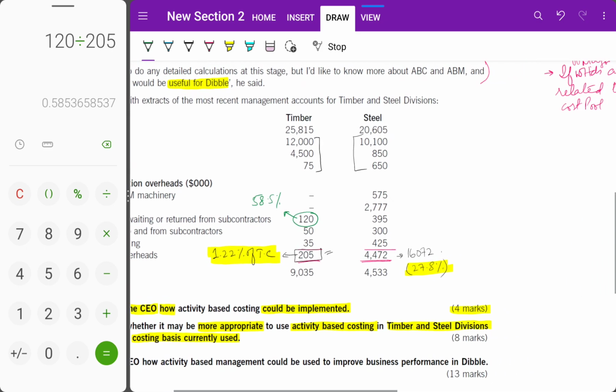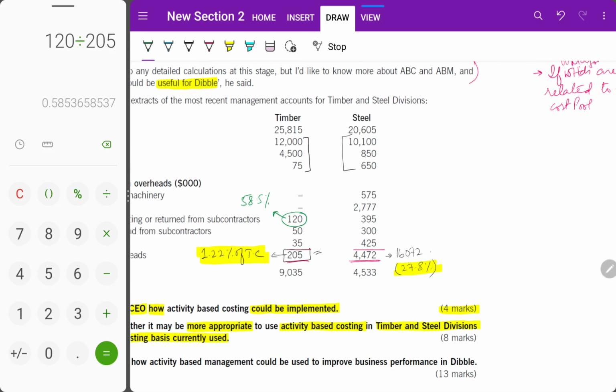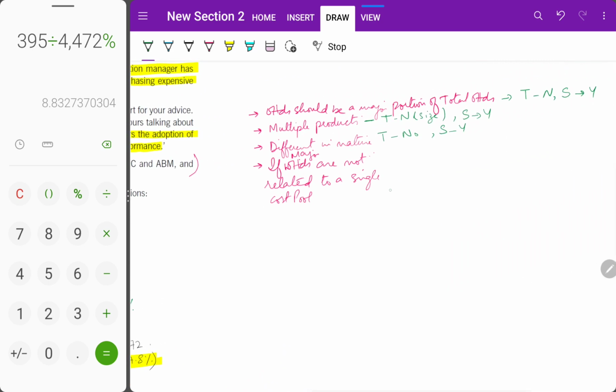What about the steel division? Steel division 395,000 out of 4472. 395,000 divided by 4472, that is 8.8%. So obviously it's not major, right? If major overheads are not related to a single pool, timber division, it's a yes, because major overheads are related.